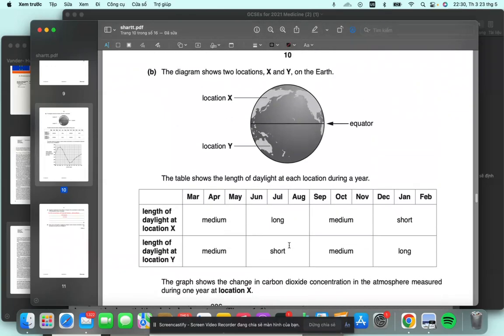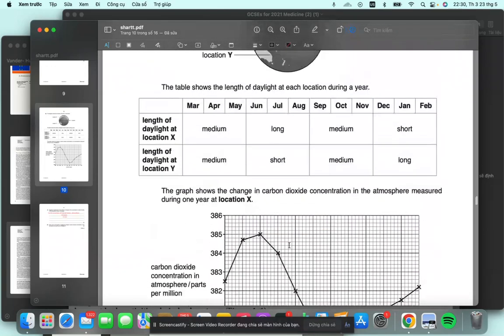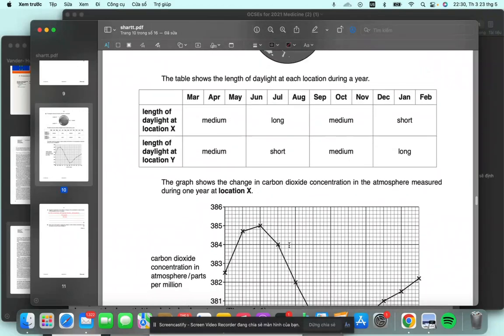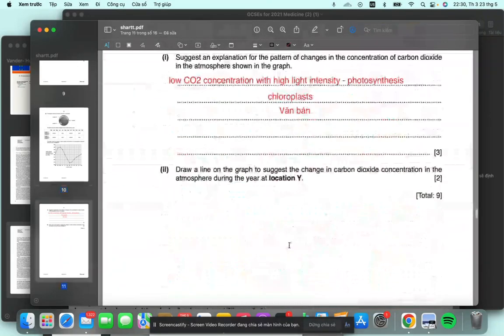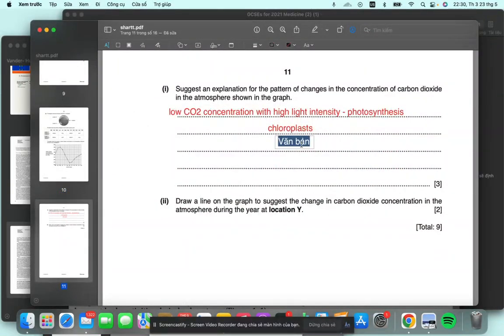Daylight allocation. We could say that September has the lowest CO2 concentration, and it gradually increases after September.